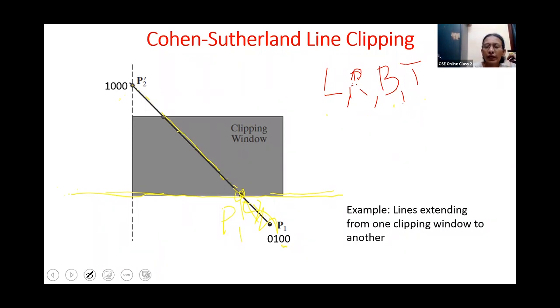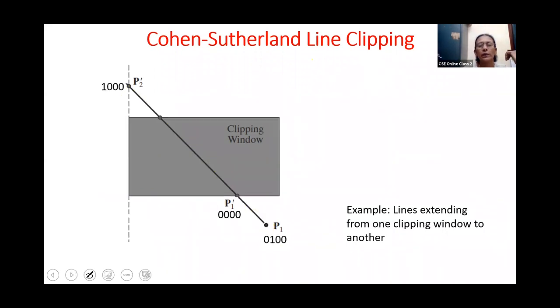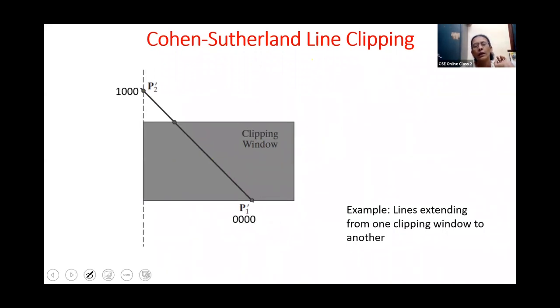We clipped the left boundary; for the right boundary both were zeros. For the bottom boundary, since P1 was below it, we clipped it to P1 dash, and now we have the line from P1 dash to P2 dash. Again the code for P1 dash is all zeros.